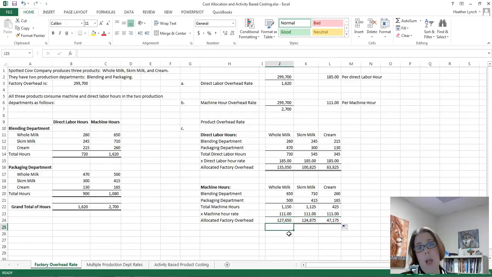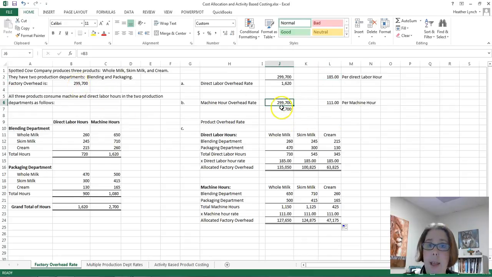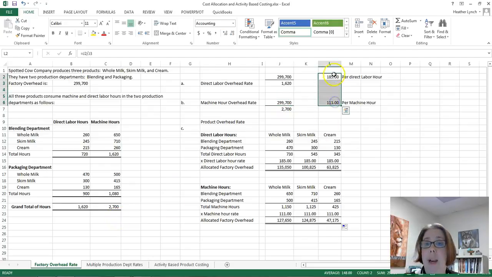So this is what we did on this one. We figured out our direct labor overhead rate based on that total of $299,700, which was $185. We figured out our machine hour rate: the $299,700 factory overhead divided by the total number of hours we had for machine hours. That gave us our individual rates that we're going to charge per direct labor hour and per machine hour.